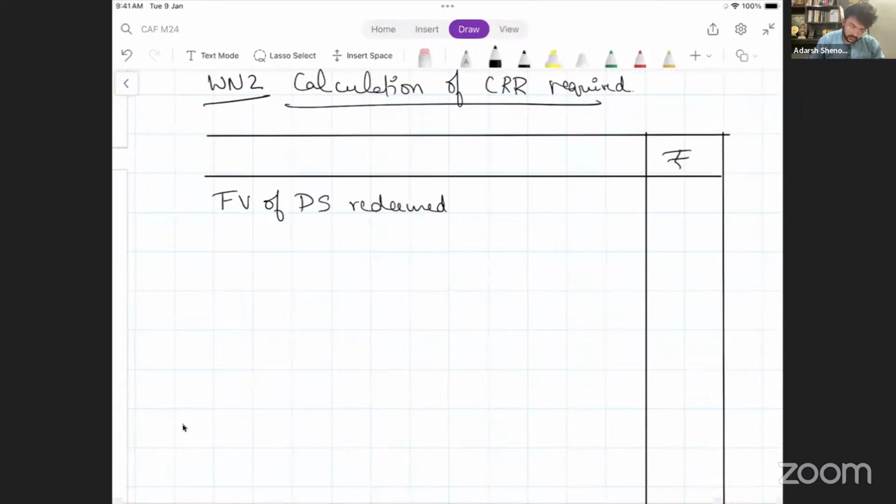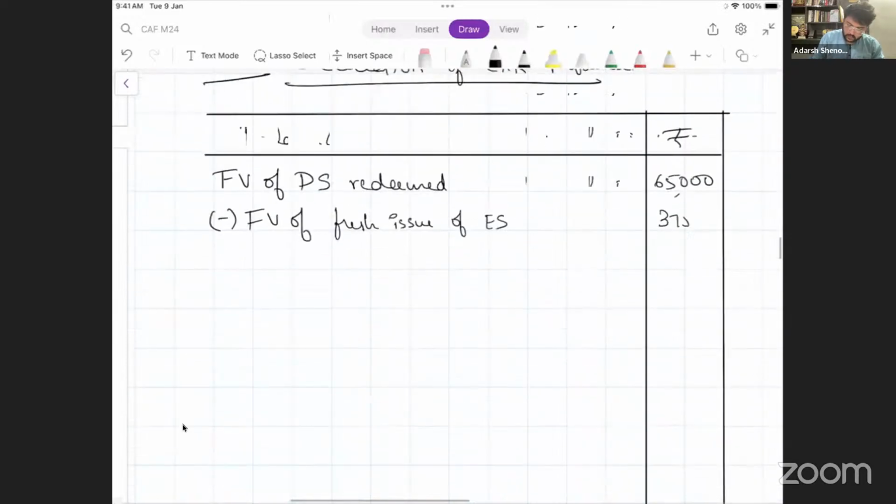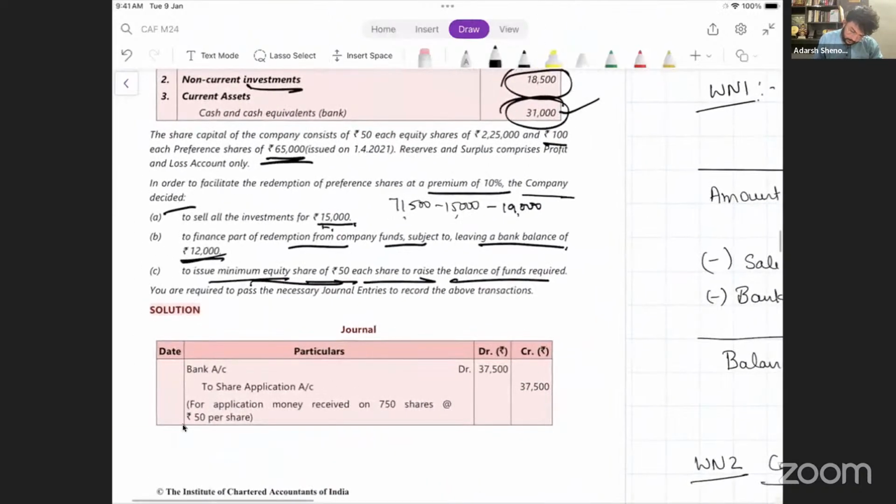What is the face value of the preference shares redeemed? 65,000 rupees. Now, the face value of the fresh issue of equity shares is 37,500. The equity shares are being issued at par itself. They have not mentioned it, but it is at par itself.